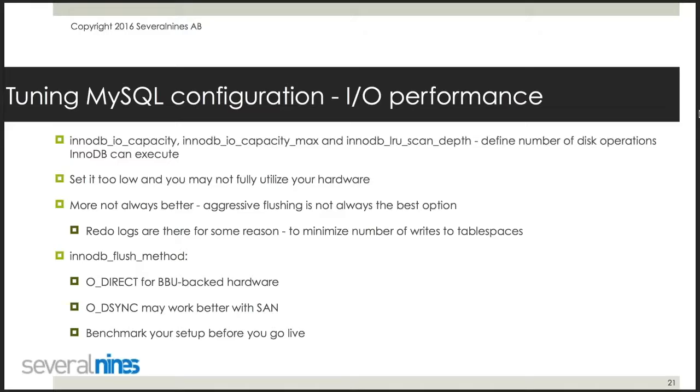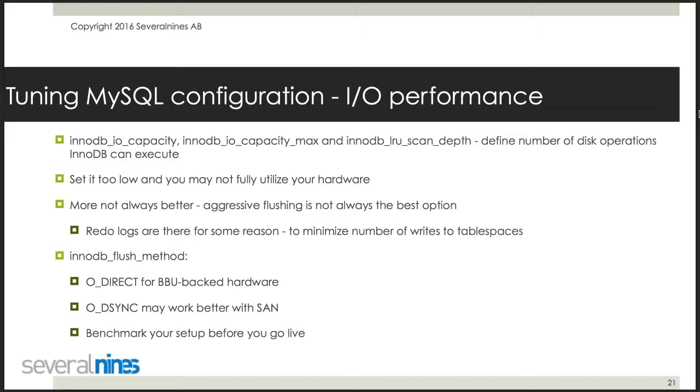innodb_flush_method is another setting which is kind of important and can make some difference here. O_DIRECT is usually the best choice most of the time, especially when you're using a BBU write cache card.